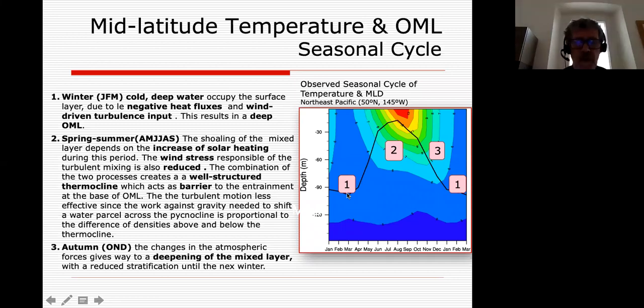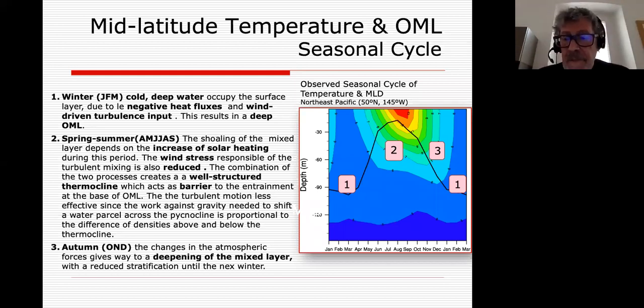And this is more or less what we find in open ocean at sea. This has been detected in the northwest Pacific, but more or less, obviously the values can differ if you observe the cycle in the Mediterranean or in the Atlantic.